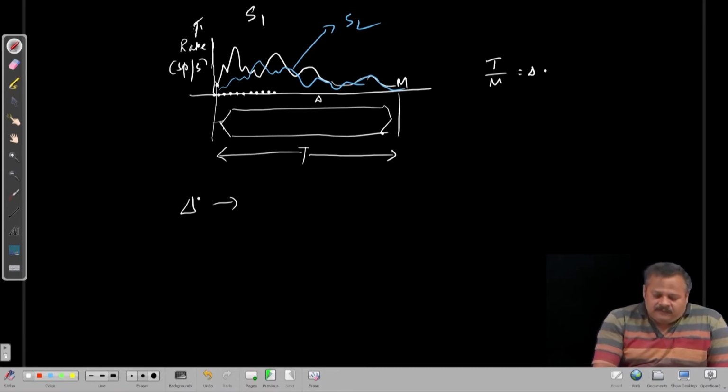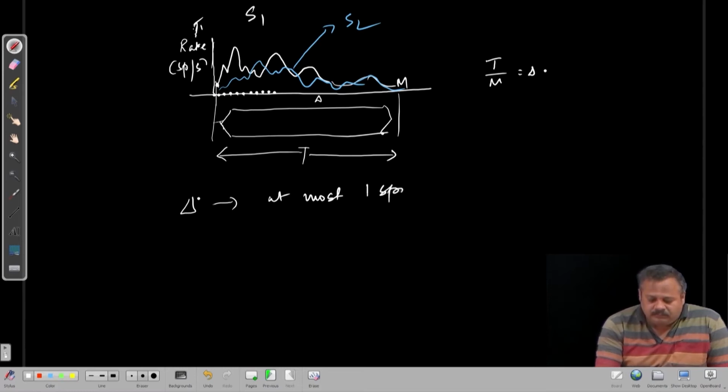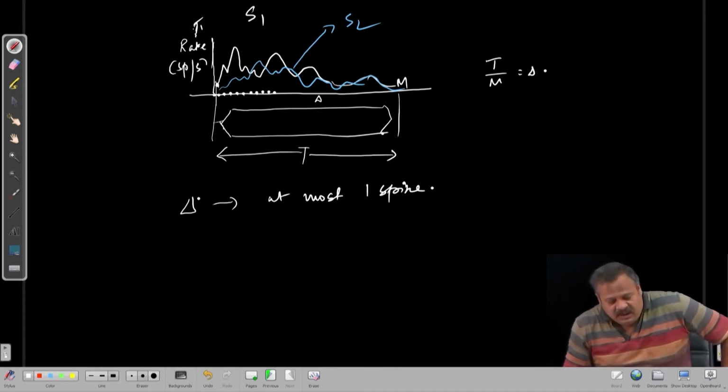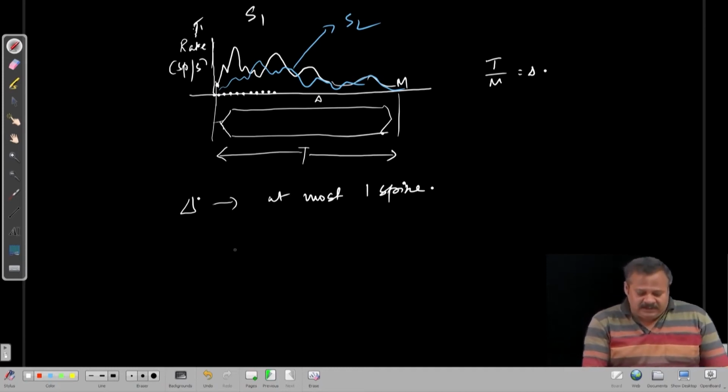So let us begin with this idea that delta is very small, about a millisecond or less, so that at most one spike can occur in one particular bin of size delta. In that case, we know that the rate becomes proportional to the probability of spike in a particular window, and so we can convert the PSTH into bins where each bin gives us some probability of spike in a particular window.